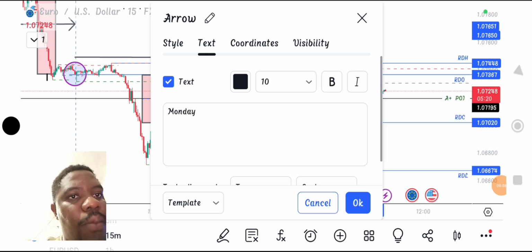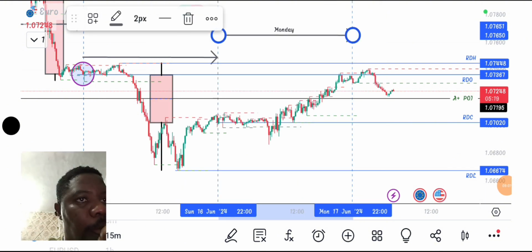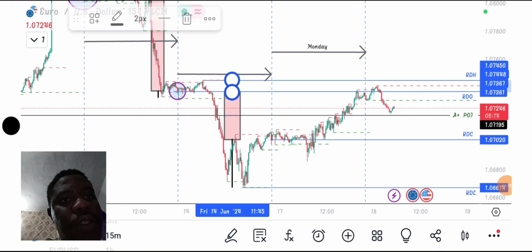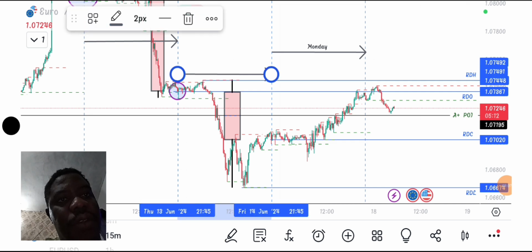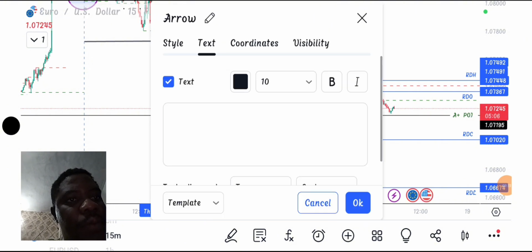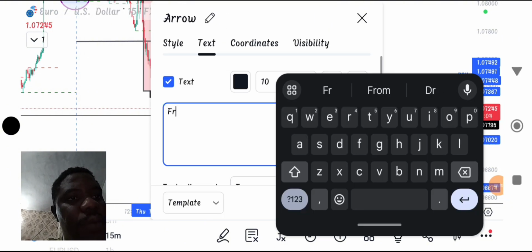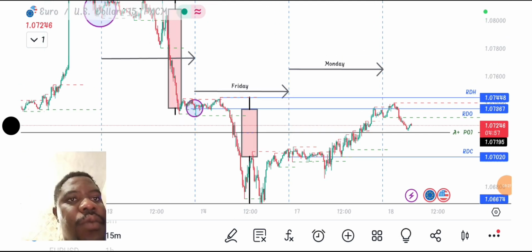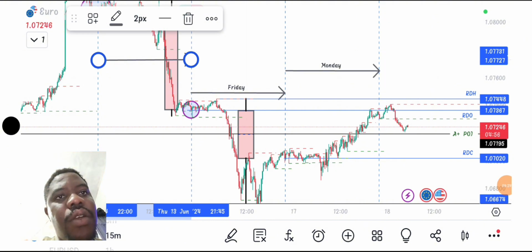Okay. Alright guys, so that's Monday and this is Friday candlestick. Sorry, this is Friday trading range. I'm just naming it for clarity's sake. Friday. There we go. And this is Thursday.